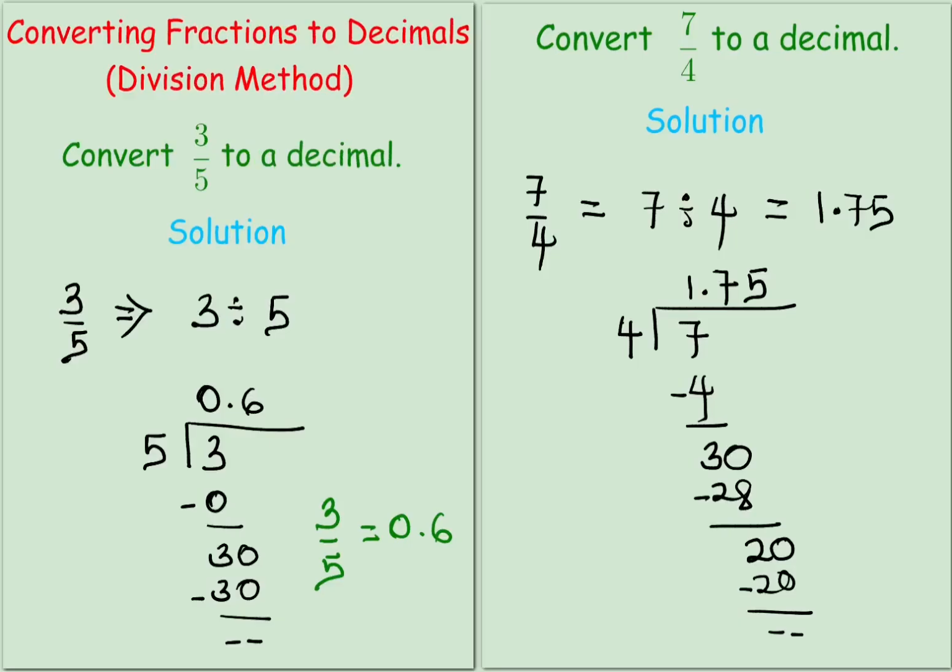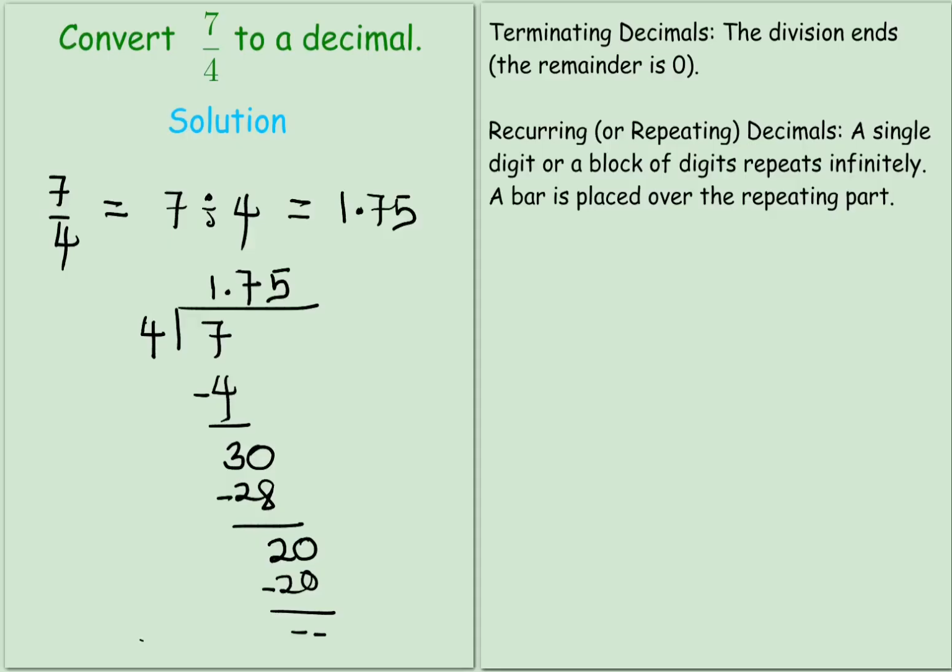Now, this whole idea brings us to what we call terminating decimals and recurring decimals. There are two types of decimals you get anytime you get involved with these divisions. So what do we mean by terminating or recurring decimal? When we talk of terminating decimals, you know who a terminator is.